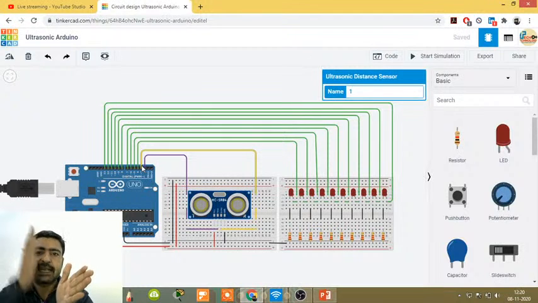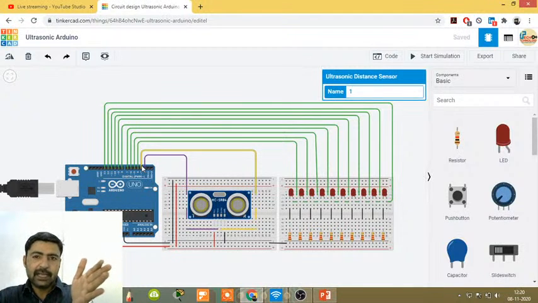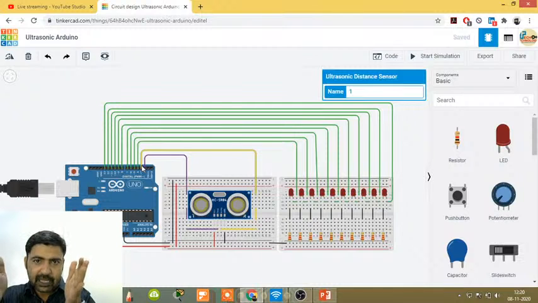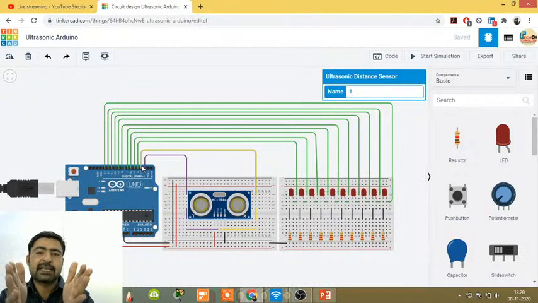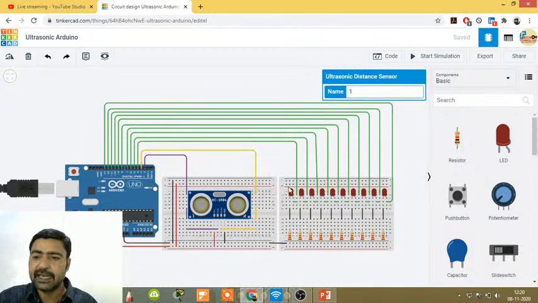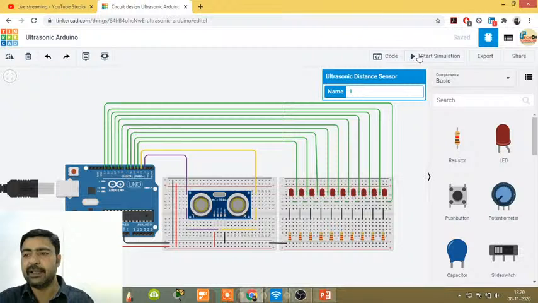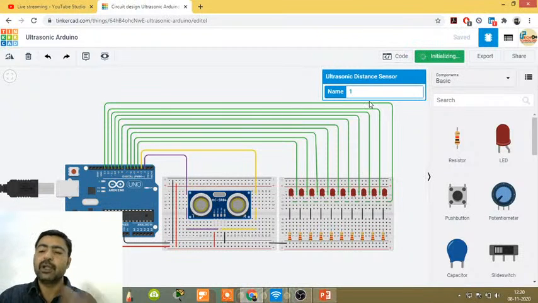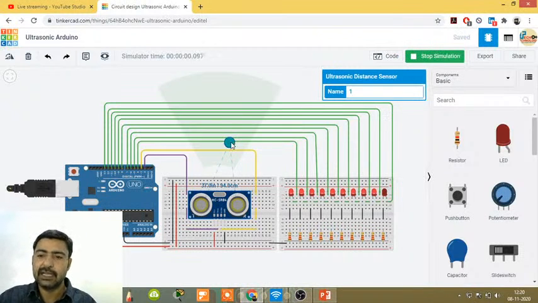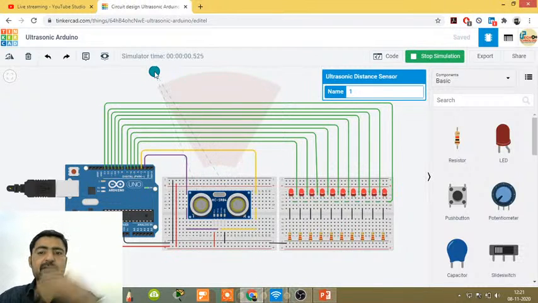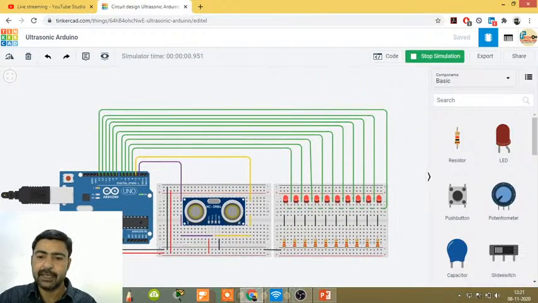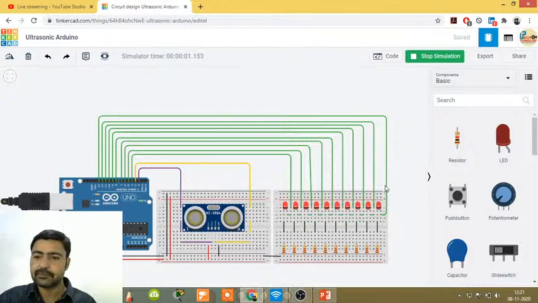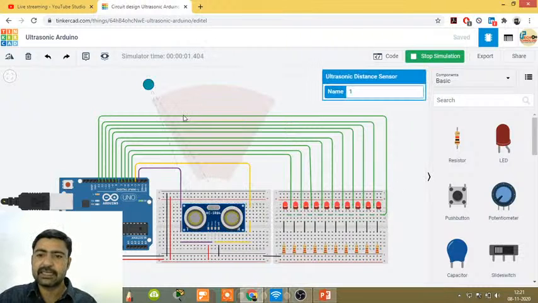When we bring an object in front of the ultrasonic sensor, and it is in the range of 10 centimeter, the first LED will glow, and in the same way the LEDs will keep on glowing one by one based on the distance of the object from the ultrasonic sensor. As you are seeing in this diagram, we have the ultrasonic sensor. This is our object.